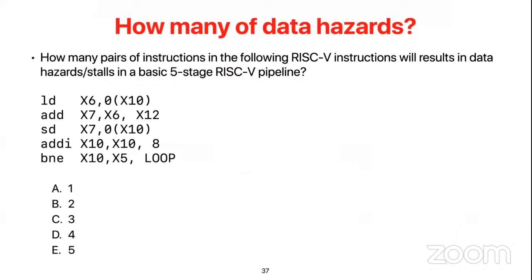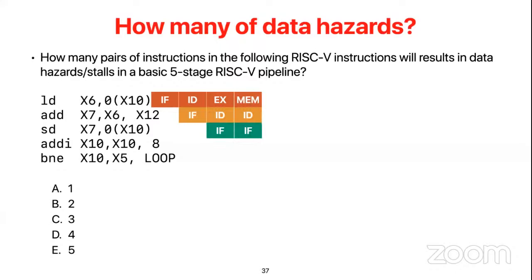Right. So here's the thing: if you want to know if there is going to be a data hazard or not, the best thing to do is to draw the pipeline diagram. For the pipeline diagram, the first couple of cycles we have no issues, but for the fourth cycle, the load instruction will only have x6 getting the right value after its memory stage.